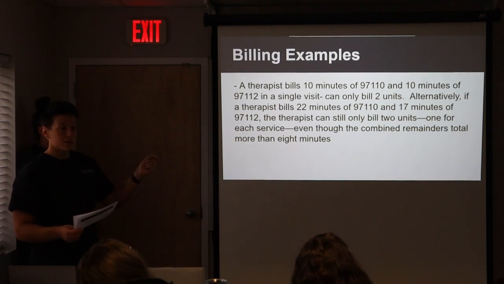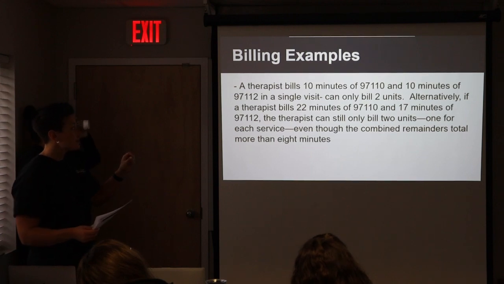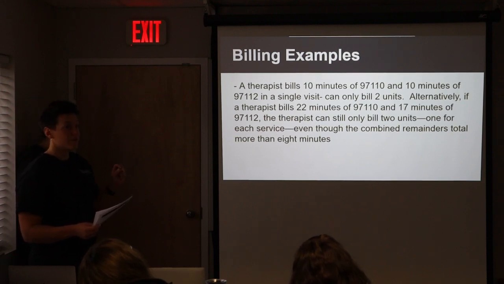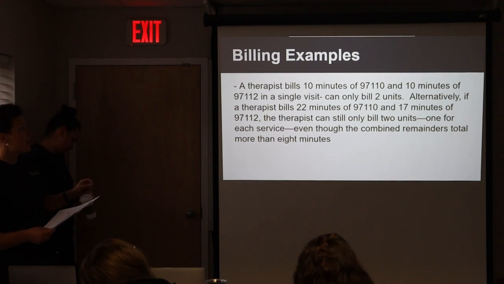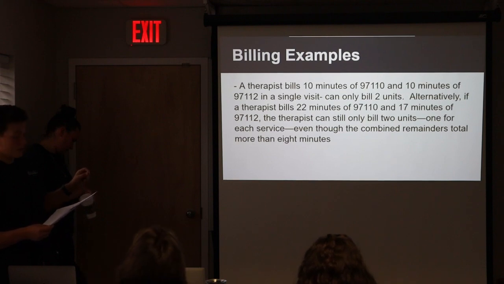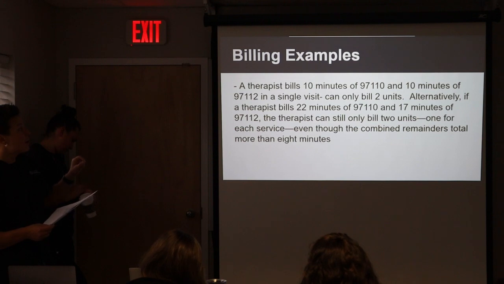Each can be billed once because it's greater than 8 minutes. But if I have 22 minutes of Therax and 17 minutes of neuro, I still can only bill 1 unit of each because I haven't achieved that threshold of 23 minutes for either service. So, conversely, if this is a commercial payer, then that's all that we can bill is those 2 units.